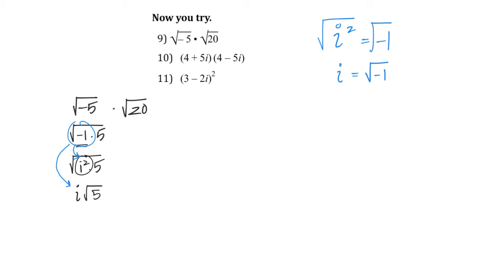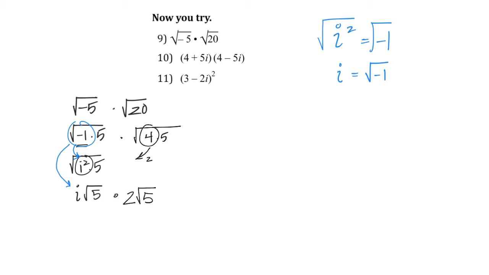So that actually is an option for you. Our 20 is the same thing as 4 times 5. If you like that, you can say, 4 is a perfect square. I'm going to pull that out as a 2. If you don't like that and you want to keep your factor tree going, feel free.